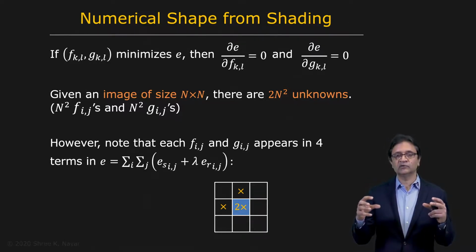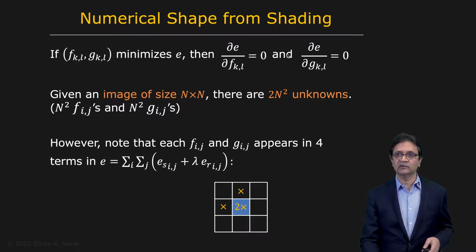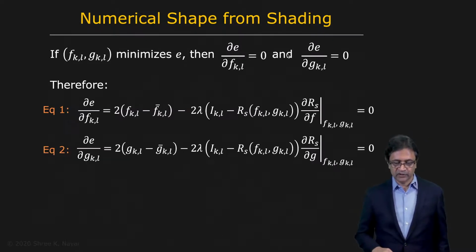So you can write out those 4 terms and then find these 2 derivatives that we discussed right here and set them equal to 0. So that's what we do. We write out those terms, and when you find the derivatives and set them equal to 0, you get this expression right here. So let me just briefly describe what's going on here. You have fkl right here. You have f bar and g bar.